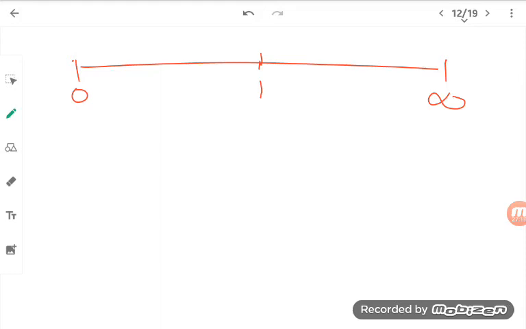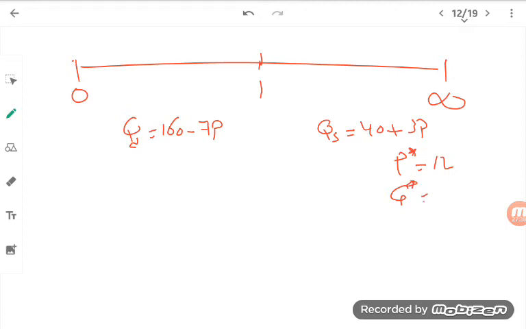Returning to our example, which is QD equals 160 minus 7P, and QS equals 40 plus 3P. And as we calculated, equilibrium price was 12 and equilibrium quantity was 76.